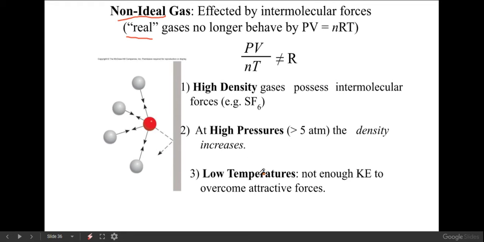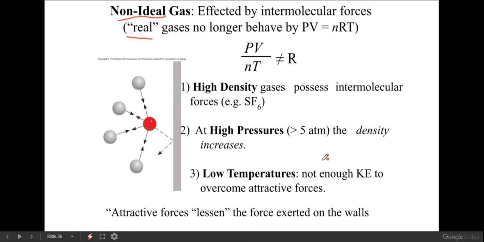But as temperatures drop, they don't have enough kinetic energy to make those intermolecular forces negligible. So what these all have in common is those intermolecular forces are no longer negligible. So the attractive forces between particles start affecting how they bounce around. And in this case, they are not ideal. They're non-ideal gases.